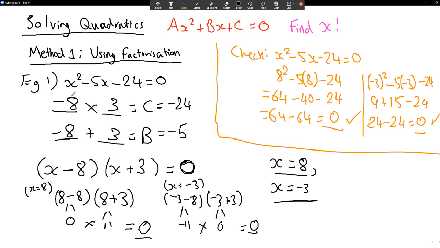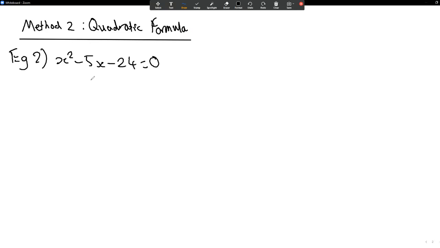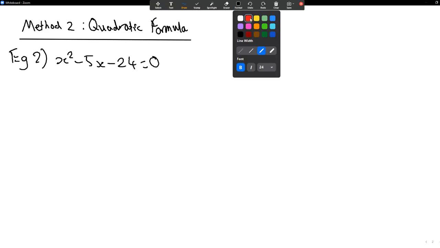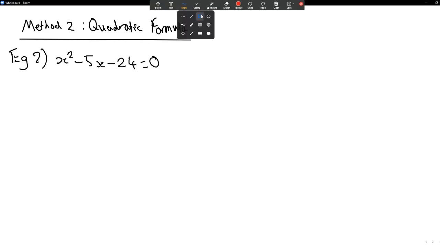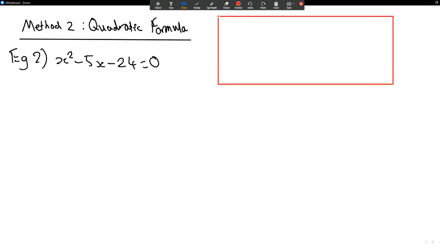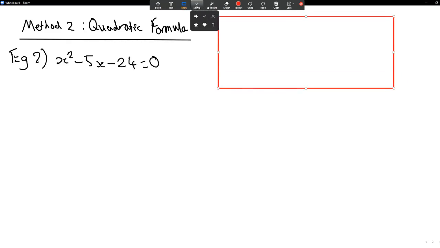Remember, we already know what the answers are, so that will be a good way to check these answers. So the quadratic formula, if you don't already know this, it would be a good one to make sure you know.